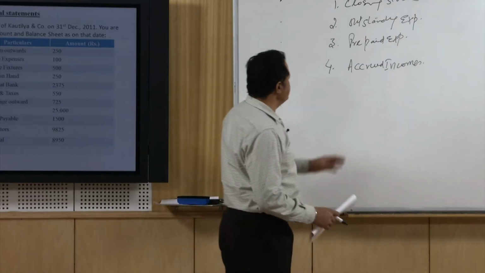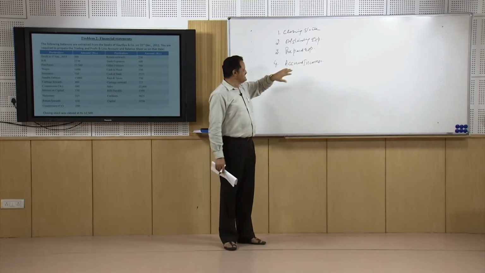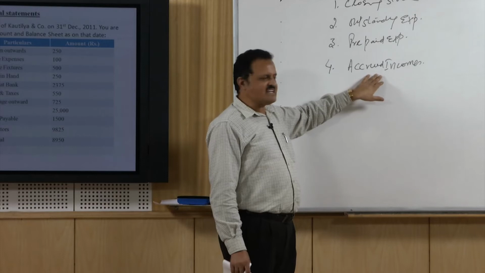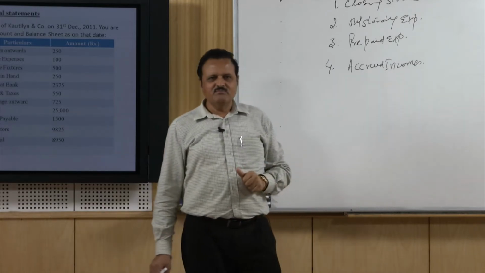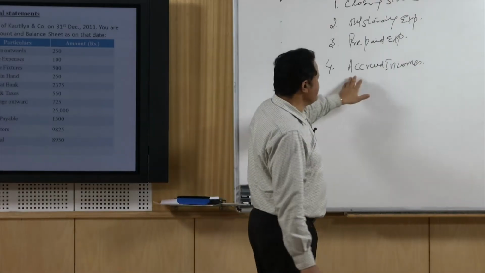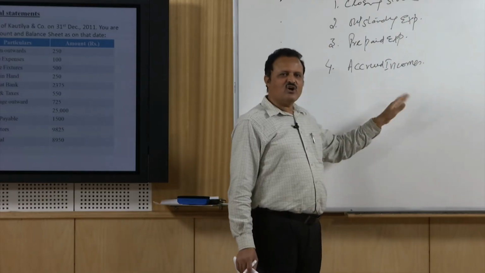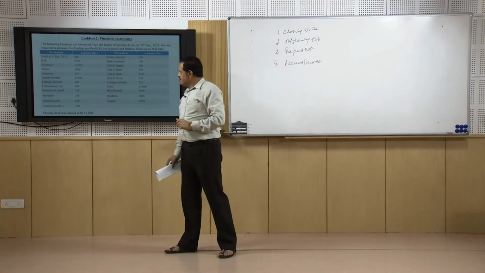Here, prepaid expense means expenses which have been paid but were not due. Similarly, accrued incomes are those incomes which have become due to be received by the firm but have not been received in real terms, so they are called accrued incomes.